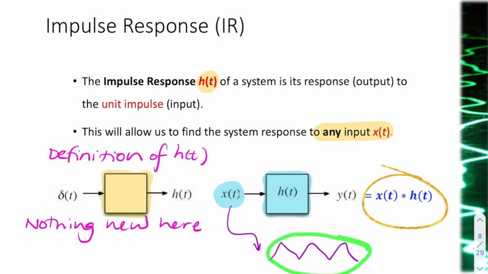This isn't an impulse. But what you do get is the convolution of the impulse response with the input. So the input is convolved with the impulse response to give you the output. This is really, really useful. It means we can find the output to any input by simply carrying out a convolution.